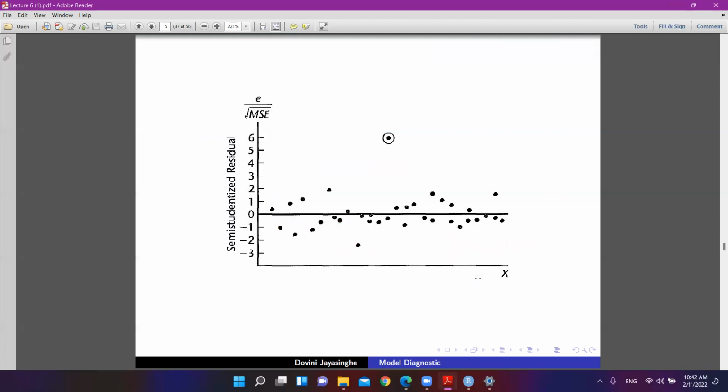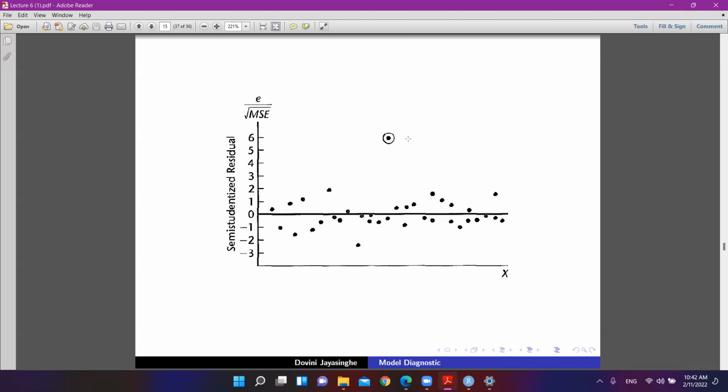When you plot semi-studentized residuals against X, or against fitted values, if there are one or two points very far away from the other observations, you can identify them as outliers, and you can decide whether you are getting rid of it or going to re-read the value.